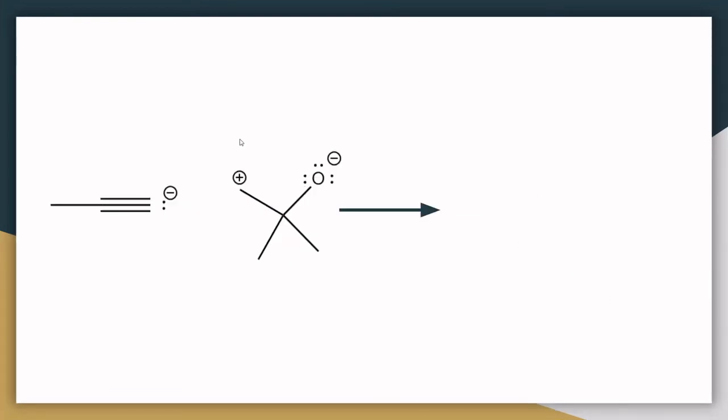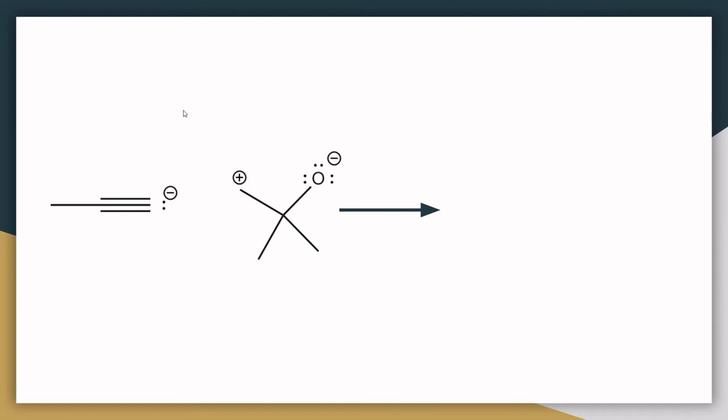Now that we have our synthons, we can start making our synthetic equivalents that we will use to synthesize the product. Again, this is a perfect time to have that reaction sheet ready as a reference to help you make the synthetic equivalents.